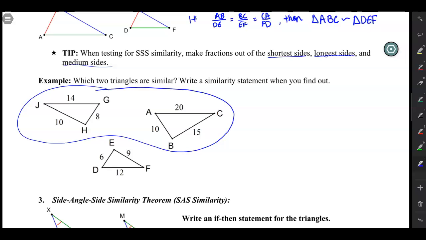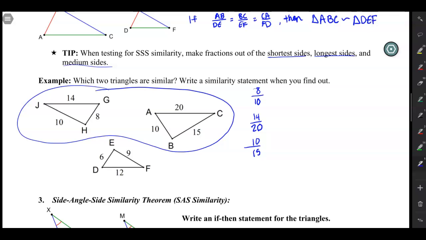First I'm going to take the shortest side lengths. The shortest side in the left triangle is 8 over the shortest side in the right triangle, which is 10. The longest side in the left triangle is 14 over the longest side in the right triangle, which is 20. And then I want to look at the medium length. So I have 10 over 15.